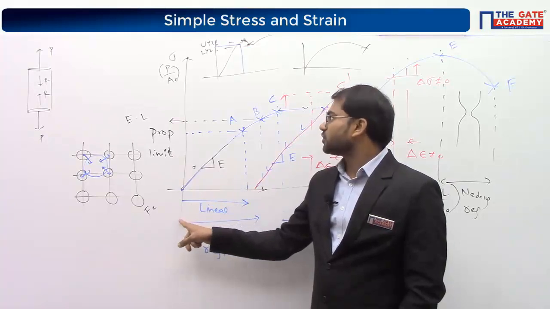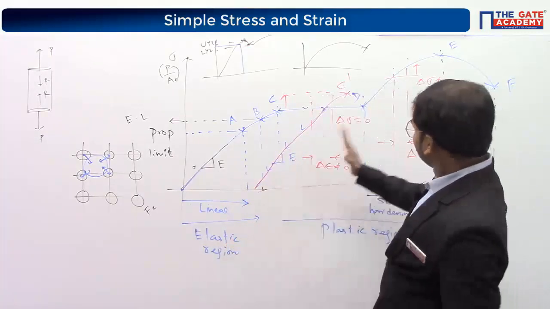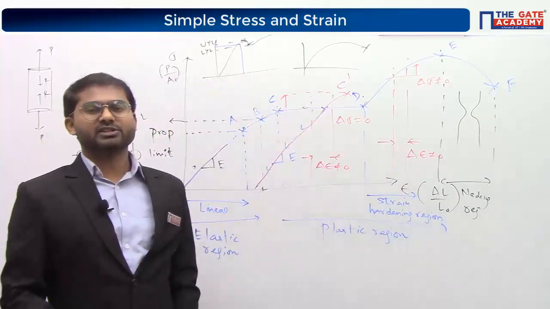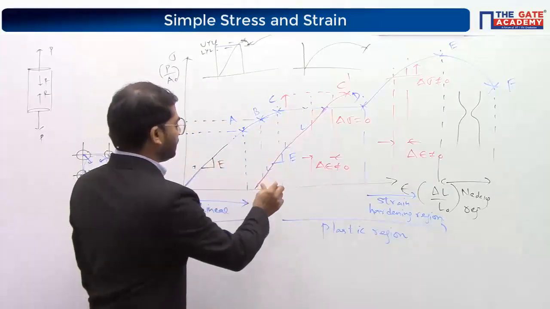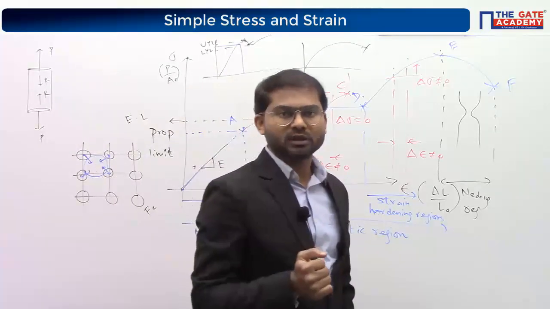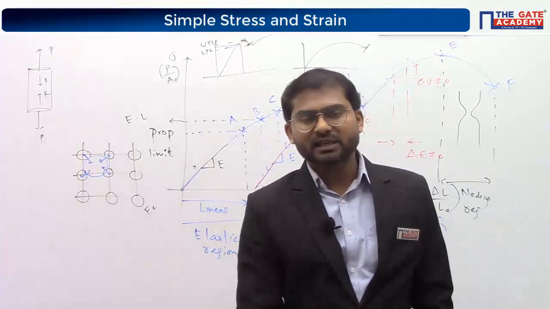The region from 0 to B is the elastic region. And I said from C onwards it is the plastic region, in which we have the strain hardening region and the necking region. But I never commented on the name of the region between B and C. In the diagram also I haven't shown any name for that.